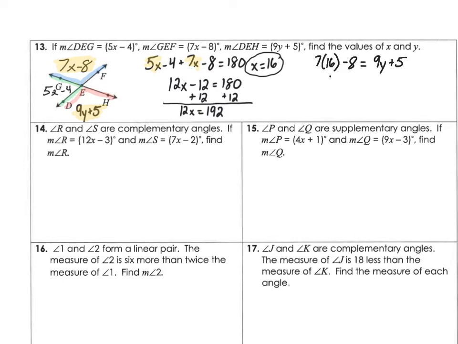So we have 104 equals 9y plus 5. If we move our 5, and then your basic math would tell you that y would equal 11. Okay, so that's how you do that one. That one was kind of rough.